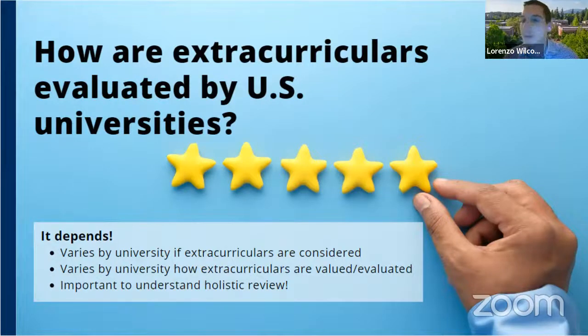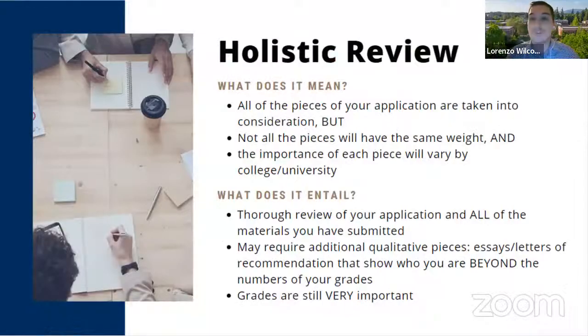But it will depend how universities evaluate your extracurricular involvement, because some universities might look at it more closely than others. Some universities might not require this information. So it's good to know what to expect based on the university that you want to apply to. But the majority of programs at the undergraduate level or institutions will require you to submit this type of information as part of your main admissions application.